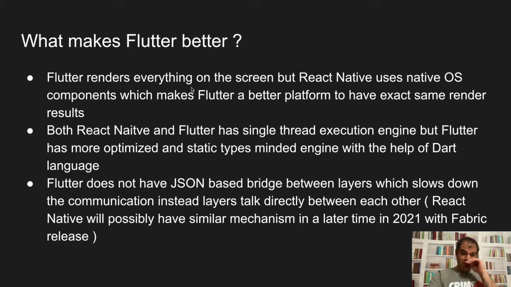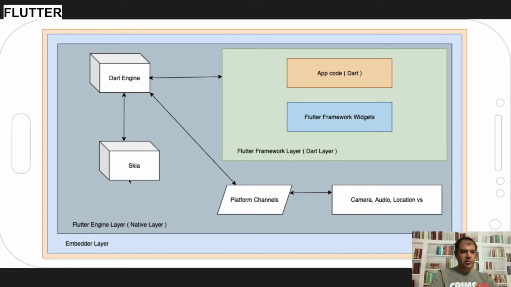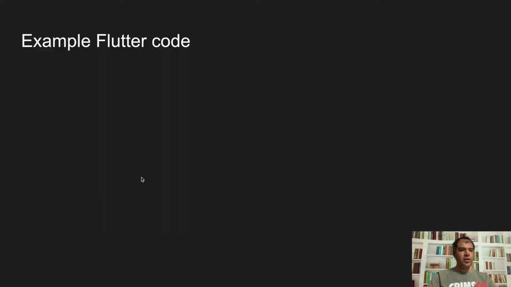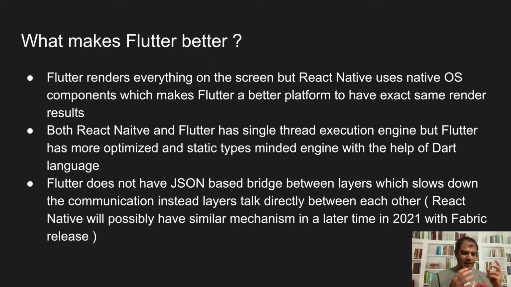As I mentioned, Flutter renders everything on the screen. So basically, it is using the Skia engine to render every component, every widget on the screen. This ability becomes important when we want exactly the same rendering outcome.